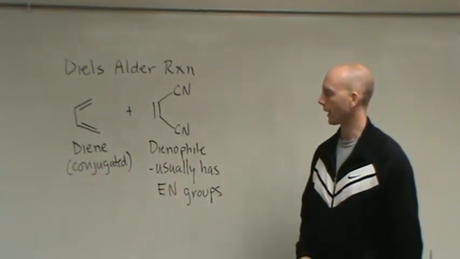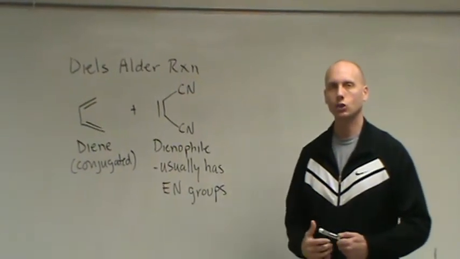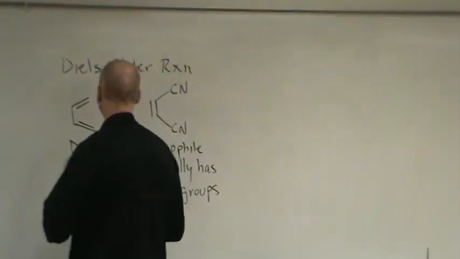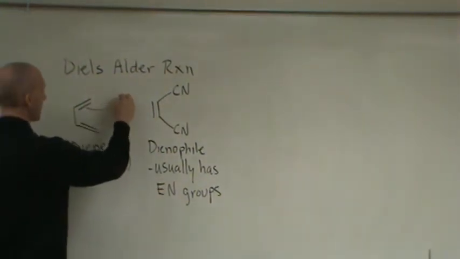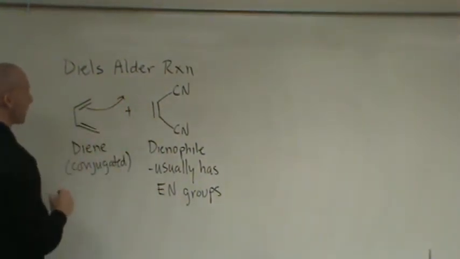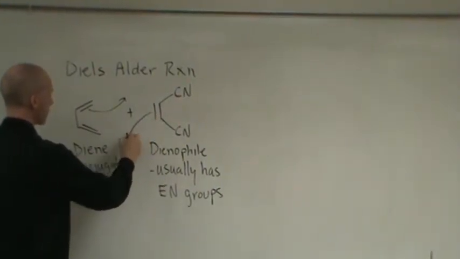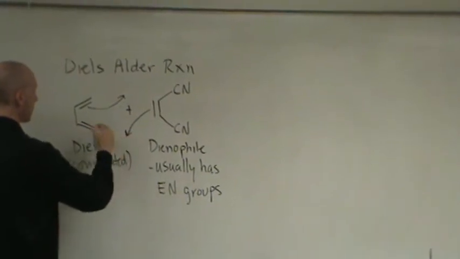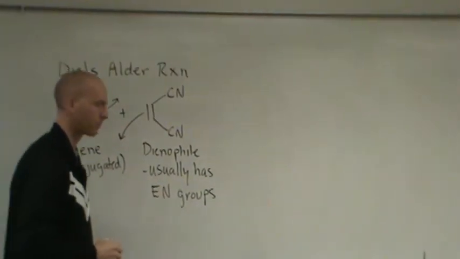So how do these two react? Well, what I like to do is call this a dog chasing its tail. So the mechanism is these pi electrons are going to form a bond here. These pi electrons will form a bond here, and these will move right here.